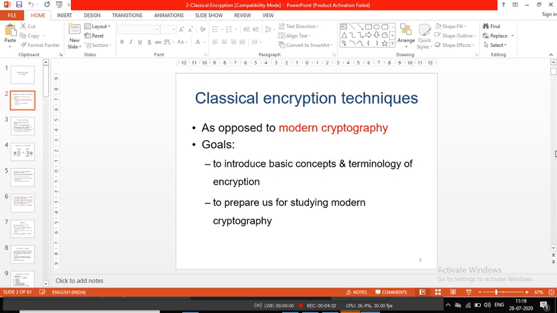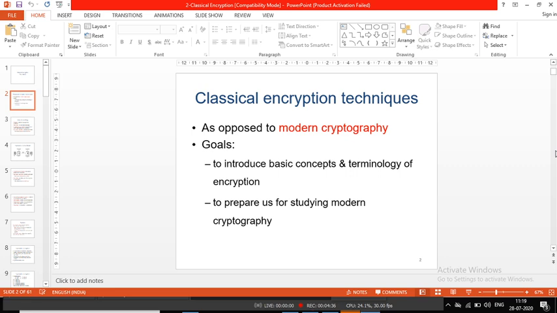We are going to see those techniques, right? The goal of classical encryption techniques is to introduce basic concepts and terminology of encryption to prepare us for studying modern cryptography. It will give some interest to learn the advanced techniques in network security.